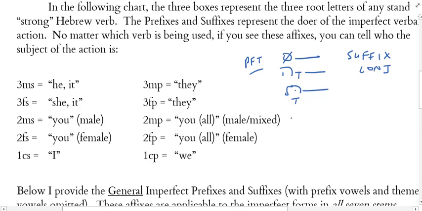The perfect conjugation, we mentioned, portrays or views the verbal action as a complete action, and it's typically used for past time action. Okay? The imperfect conjugation is typically used, and I will abbreviate it IMPF for imperfect, PFT for perfect, for action that is in progress.